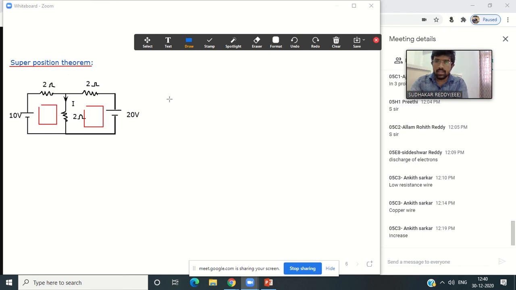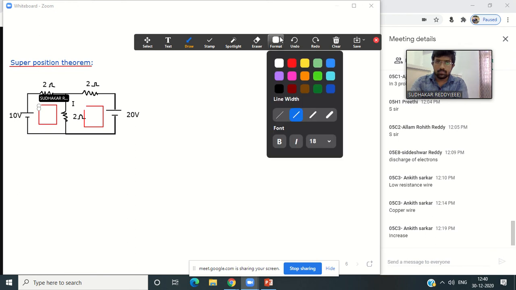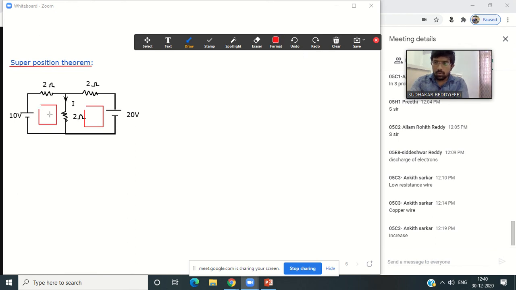I consider both currents preferably in clockwise direction. That is your choice, you may consider clockwise or anti-clockwise. But preferably I will consider I1 in clockwise and I2 also in clockwise.